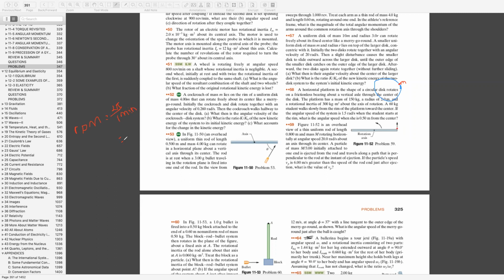So one rev per minute equals 2 pi over 60 seconds. So it's 2 pi over 60 rad per second.